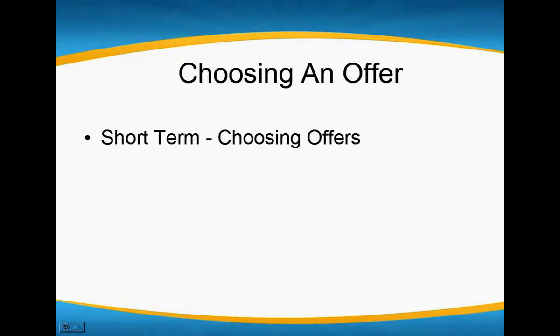Now, a great short-term solution when it comes to choosing CPA offers is to promote hot trends and other offers that are currently performing well for affiliates. Hot trends are an amazing way to give your income a massive boost. Just think, big events coming up or that have recently passed that were hot trends. For example, you've got The Dark Knight Rises, the final Batman film coming out. That's a big trend.